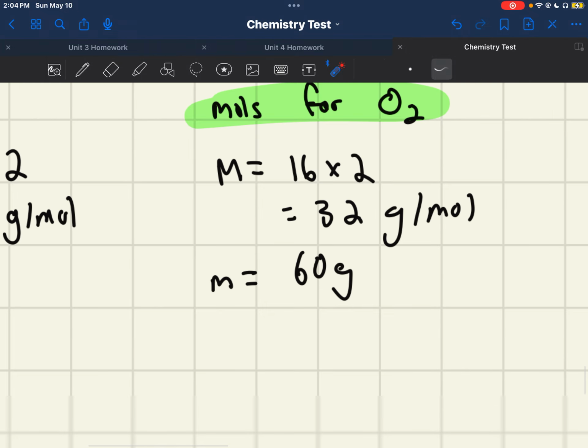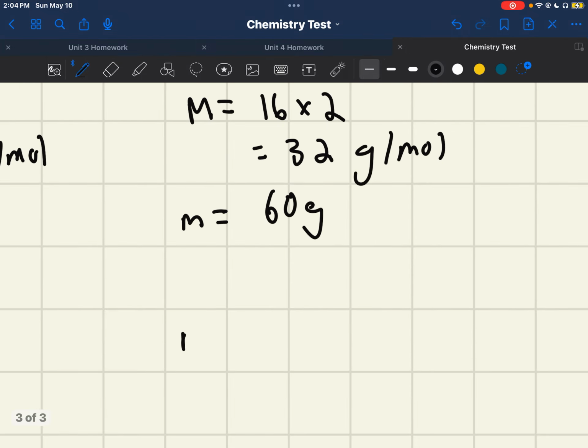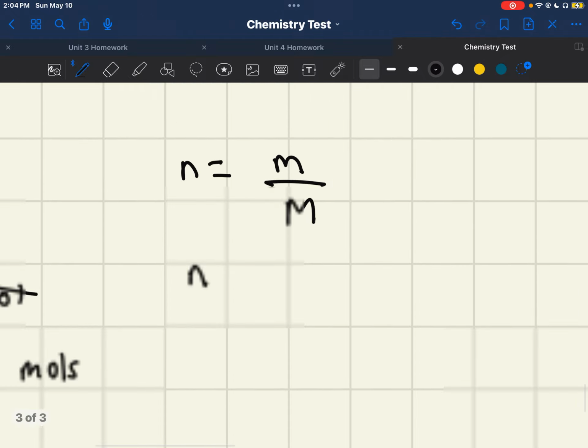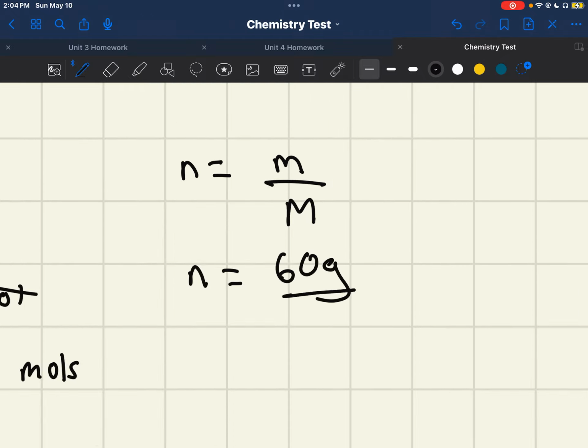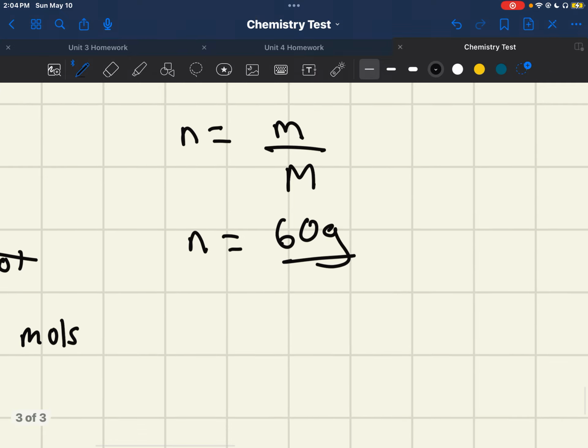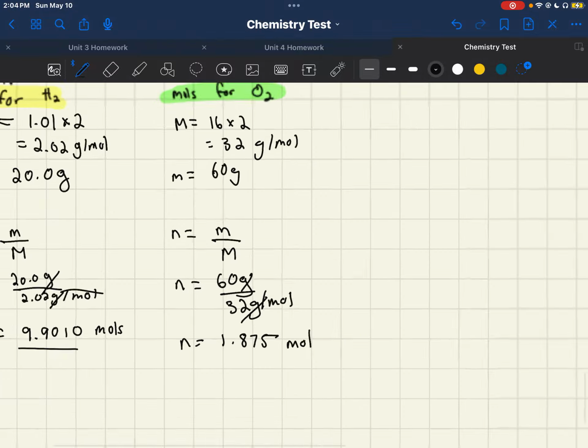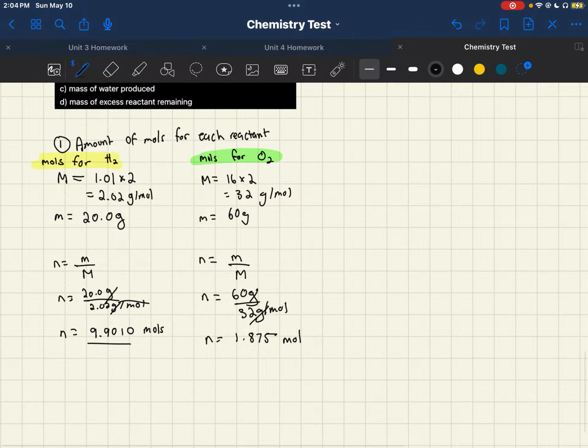So that's how much we have. And then our mole count is just going to be, again, the same formula of mass over molar mass, which is 60 grams over 32 grams per mole. The grams cancel out, you're just left with moles. And then the final answer is going to be 1.875 moles.